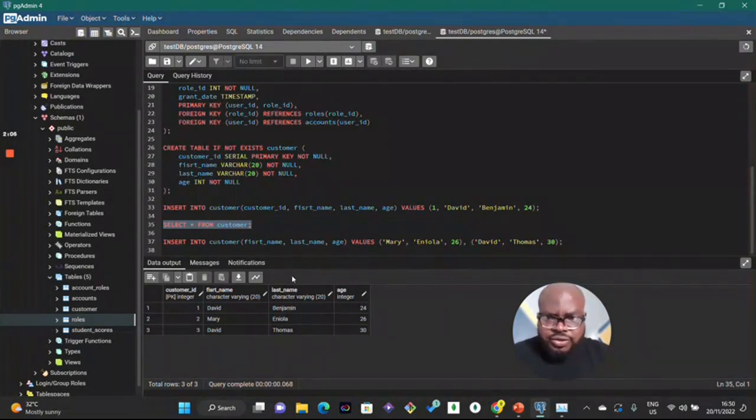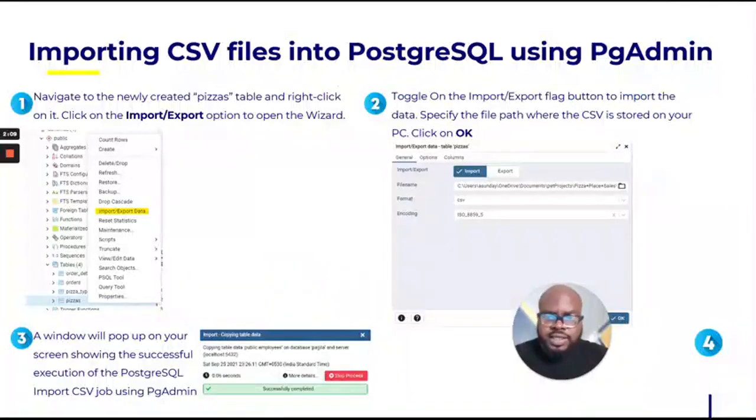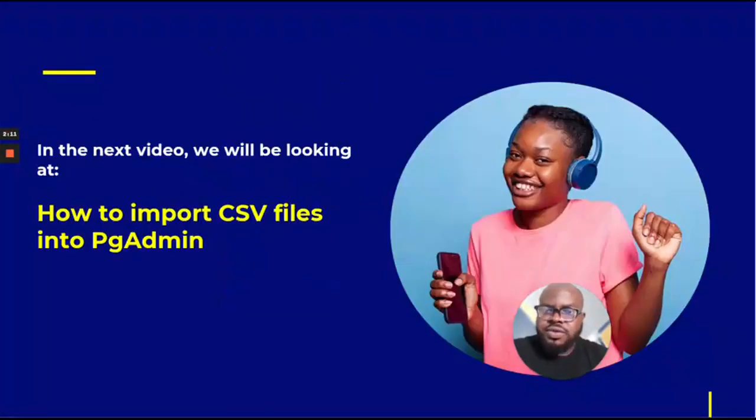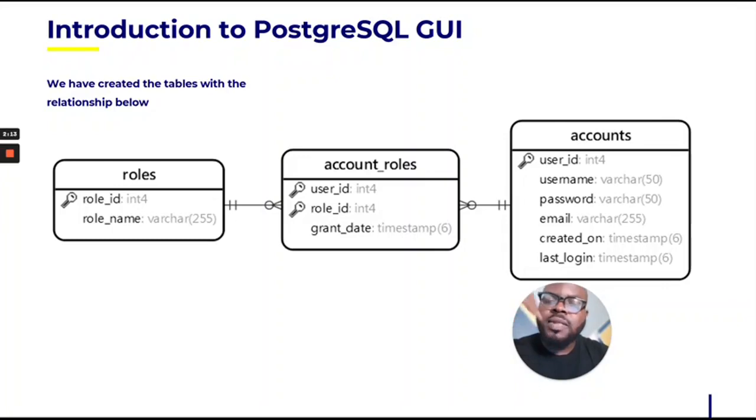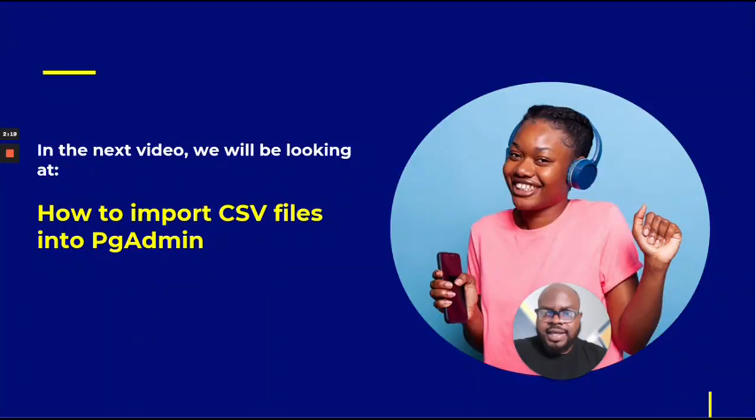So let's try that out. You could insert more values as well into your tables. In the next video, we'll be looking at how to import CSV files, flat files into pgAdmin.